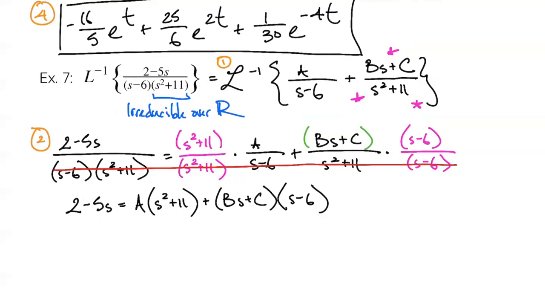So if you were to choose some clever numbers that I could plug in and find one of the constants, what would those clever numbers be? What would you want to choose?